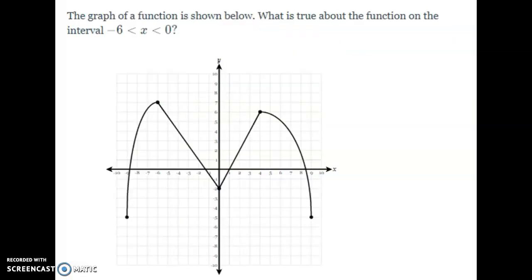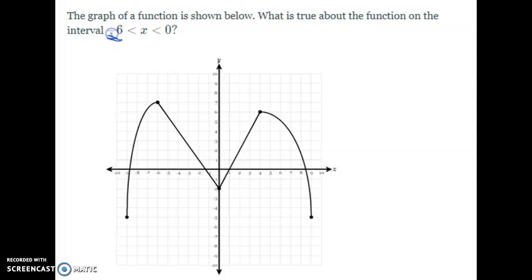If you're following along on the paper version of the Delta Math assignment, this is number 9. Okay. The graph of a function is shown below. What is true about the function on the intervals -6 is less than x is less than 0? So what you do is you find your spot on your graph that's between the 2 points that they talk about.